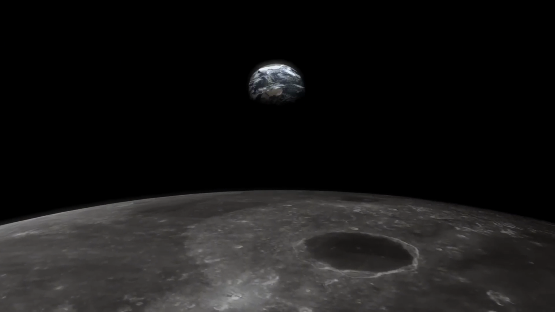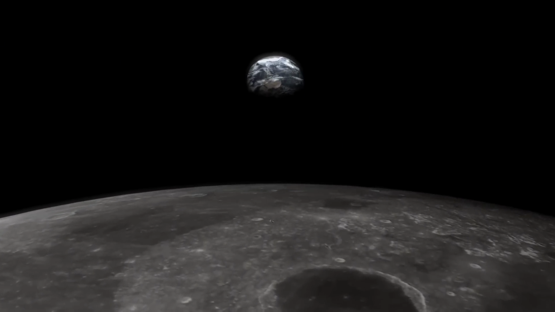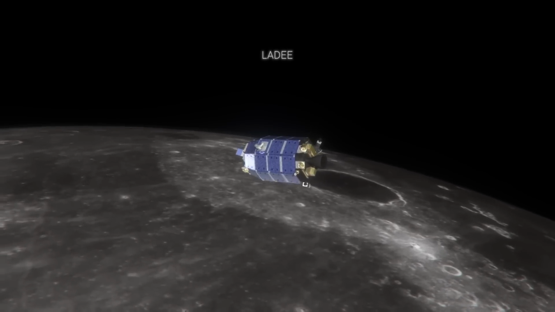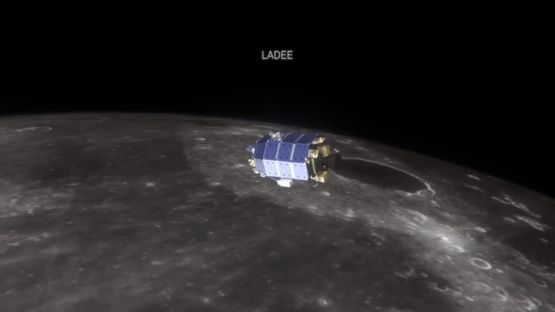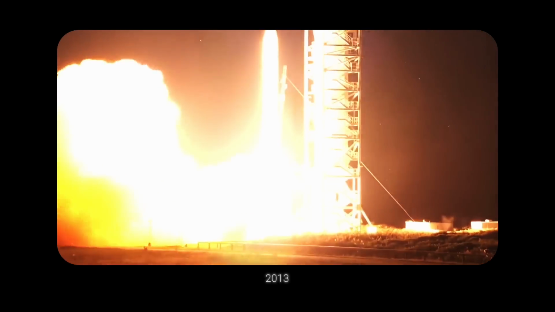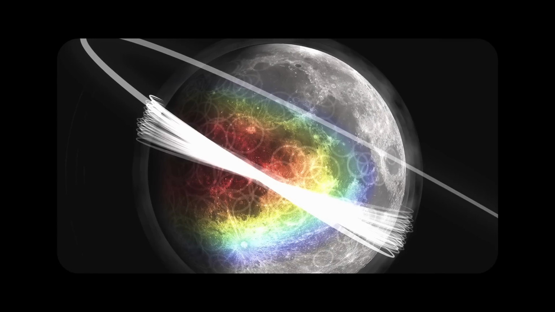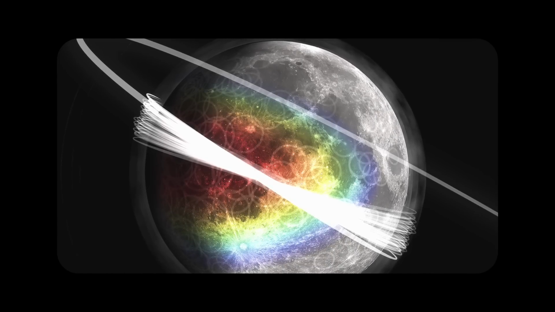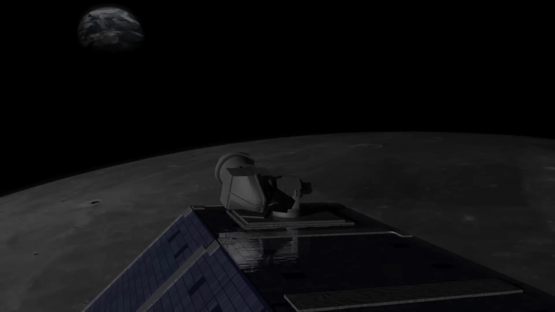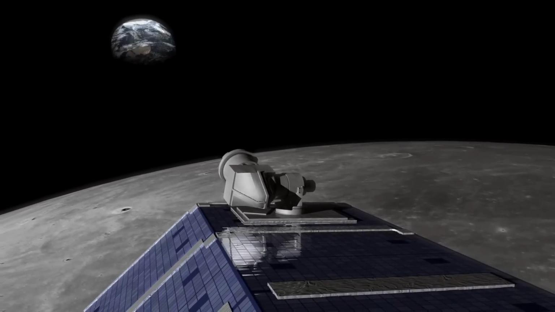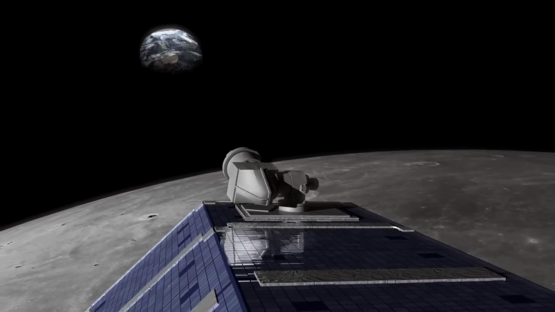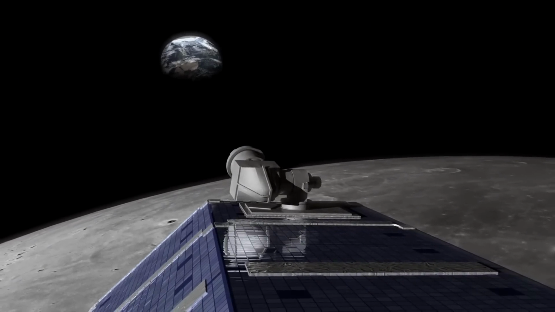NASA's Lunar Atmosphere and Dust Environment Explorer, or LADEE, was a mission specifically designed to study the lunar exosphere. Launched in 2013, LADEE made detailed measurements of the composition and structure of the exosphere, as well as the lunar dust environment. One of the key discoveries of LADEE was a dust cloud hovering above the lunar surface.